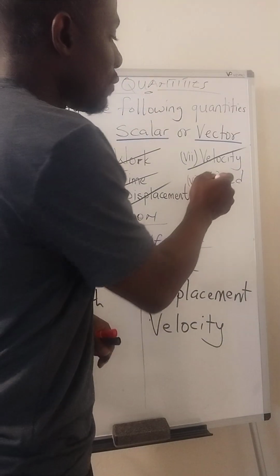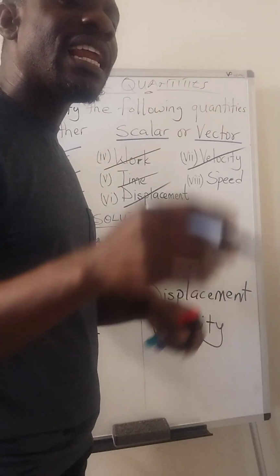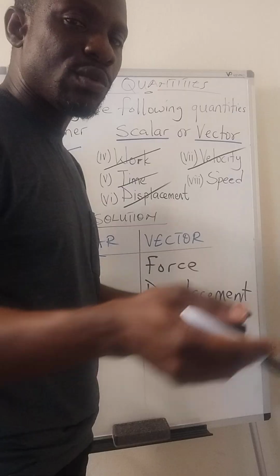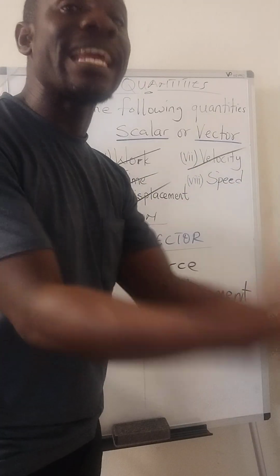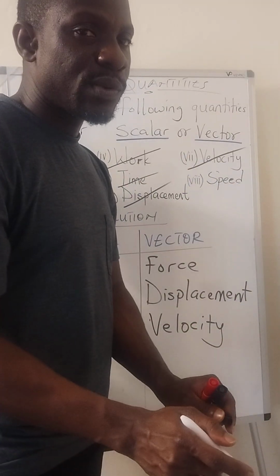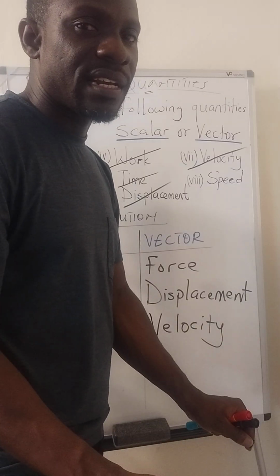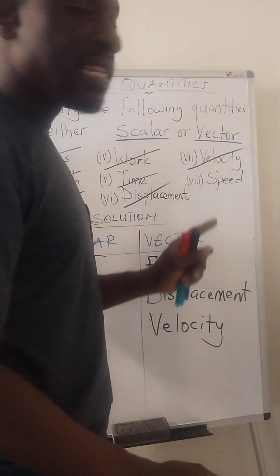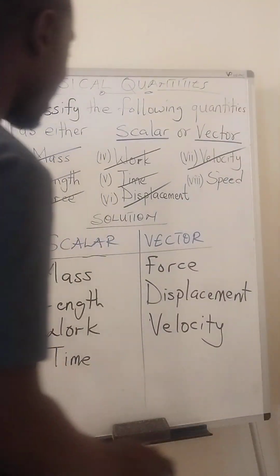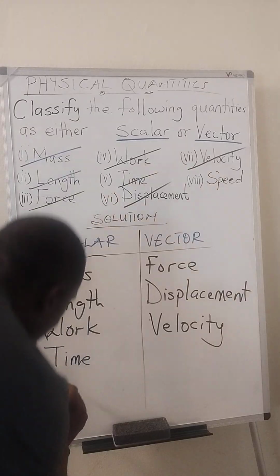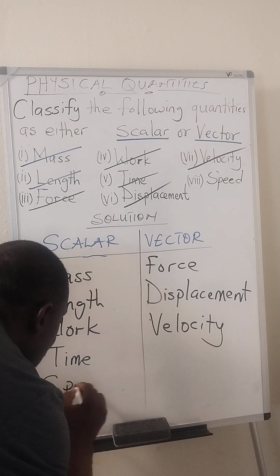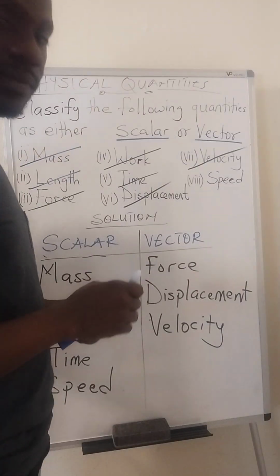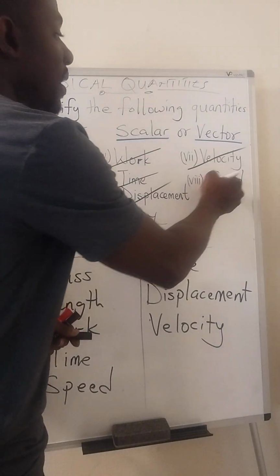However, speed is simply the ratio of the length of interval between 2 points divided by the time. Take note, there is no mention of a specified direction. And so, speed is a scalar quantity. And that's all. We cross that one out.